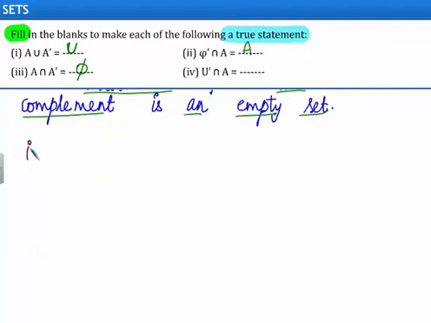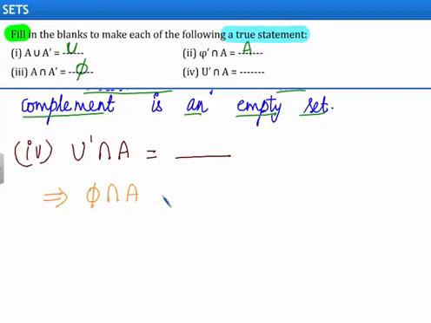Next we have complement of the universal set intersection A. We can write this as phi intersection A, since complement of the universal set will be equal to the empty set.